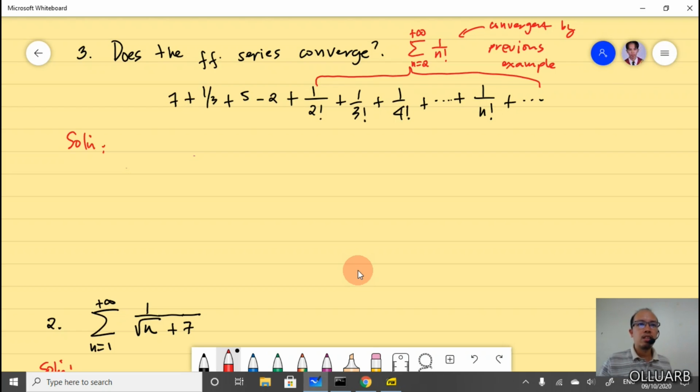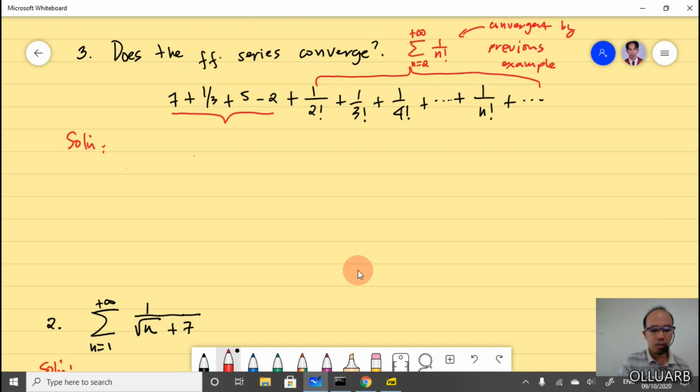Okay, and we compare this series to the geometric series 1 over 2 to the n. Remember that there are other terms here. This one, there are 4 terms that were added to this series.